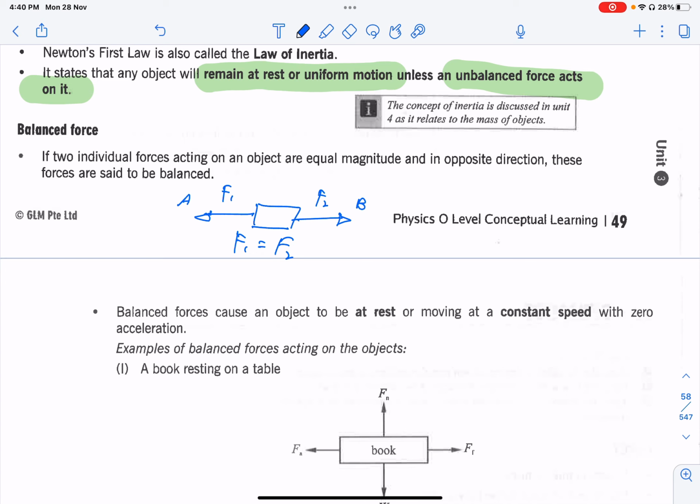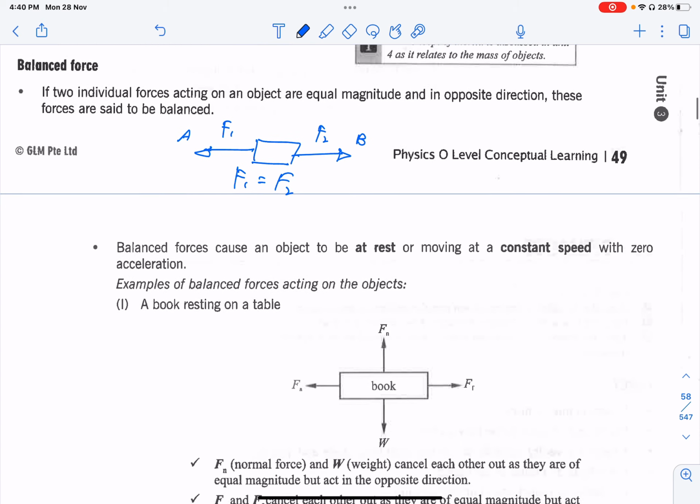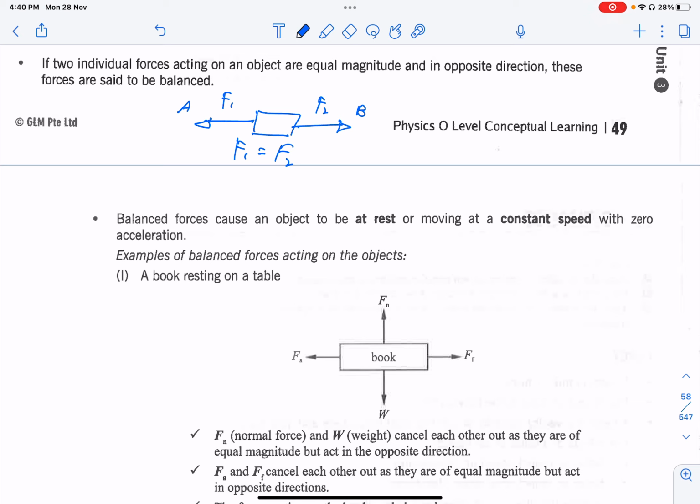It can also be a simple thing whereby you have a book resting on the table, in which the weight of the book is a force, correct, and the counter force that's applied by the table is actually moving upwards.